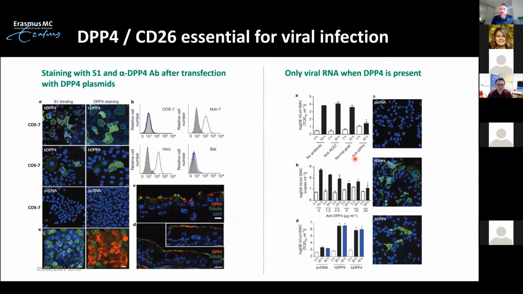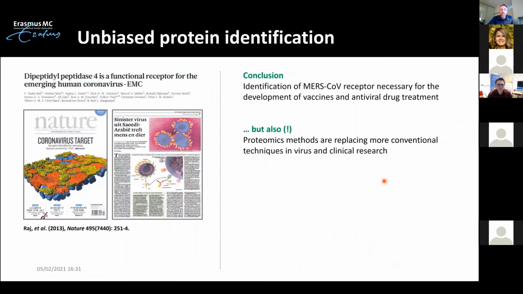And in green, cells that can only be infected when DPP4 plasmid is present in these bronchiolar epithelial cells. So the conclusion is obviously that the identification of MERS coronavirus receptor protein is necessary for the development of vaccines and antiviral drug treatment, for instance, by specific blocking of the receptor.